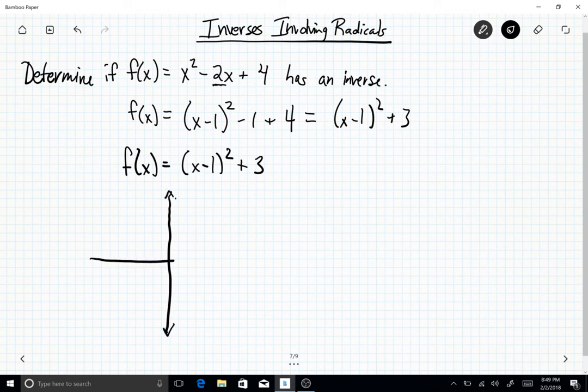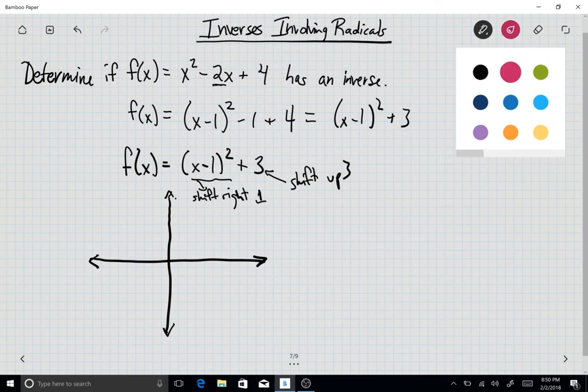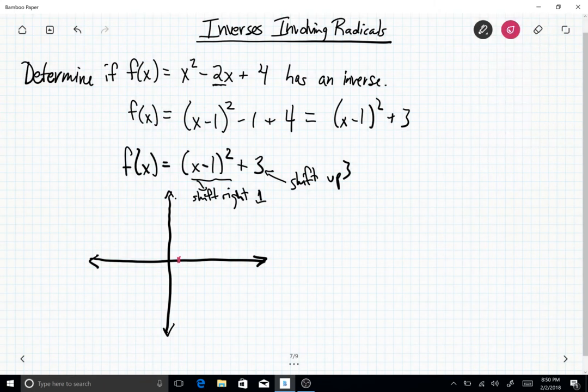So what have we done? Well, all we've done is shift right 1 of the graph of f of x equals x squared, and this is a shift up 3. So if we're drawing our graph, we shifted right 1, and then we go up 3 units.